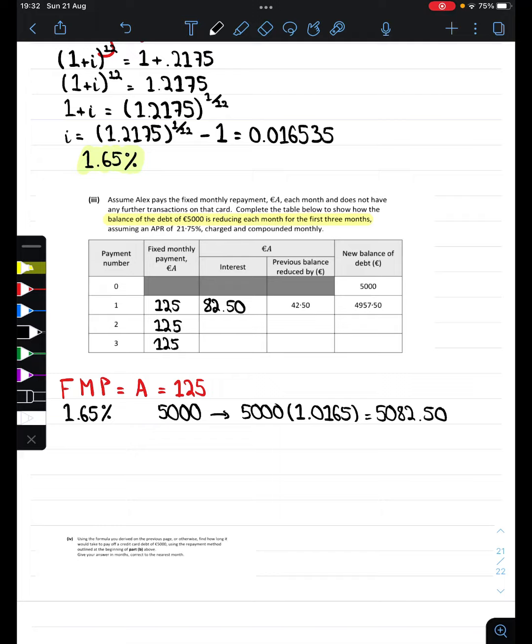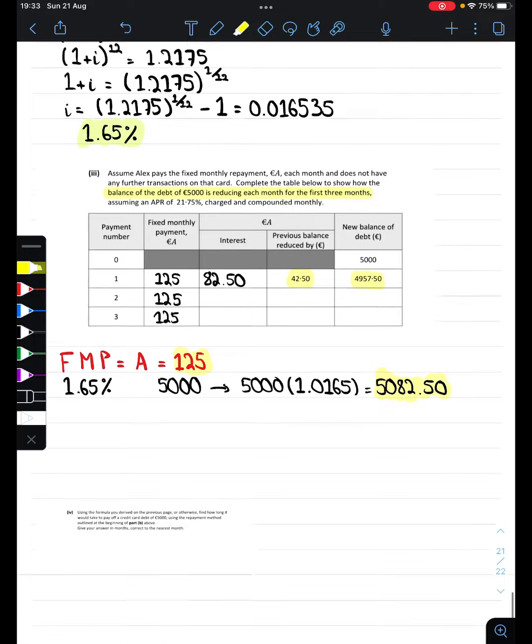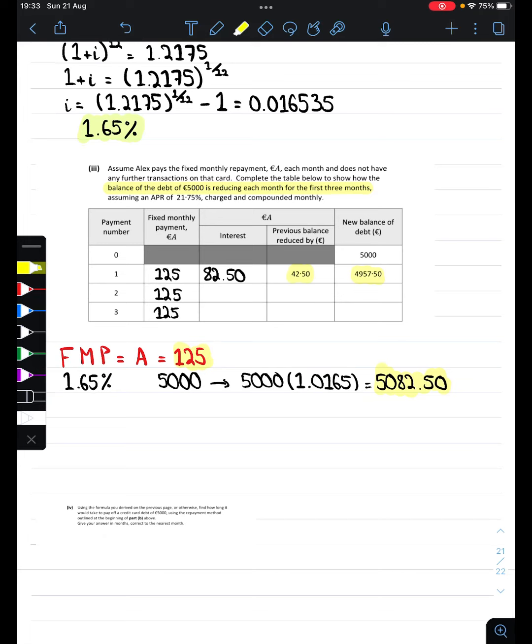Okay, and so it went up to 5,082.50, and then it goes down by 125. So the net decrease is only 42.50, and so now the new balance, 5,000 minus this, is 4,957.50, which is kind of really unfortunate. Only a third of the money he put in, approximately, went into actually paying off the debt. So it's not very good for Alex.